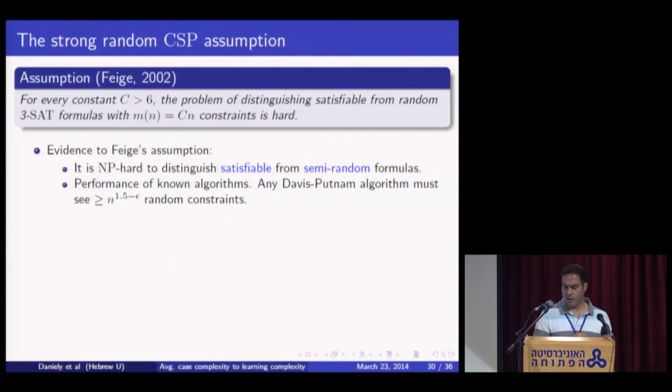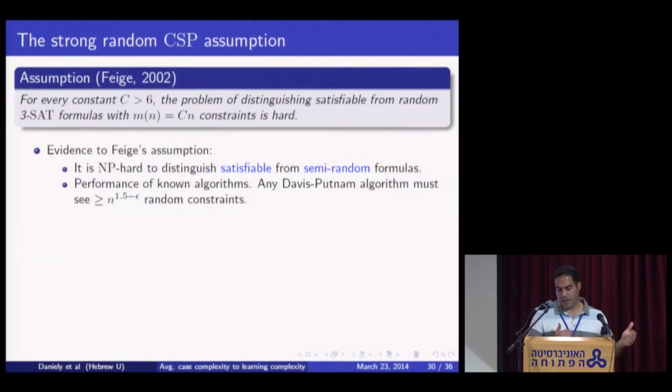The first evidence was that it is hard to distinguish satisfiable from semi-random formulas. We'll keep this in our assumption. The second evidence was resolution lower bounds on a large family of algorithms, which tell us that we need at least n^1.5 constraints, so we'll try to keep this one too.